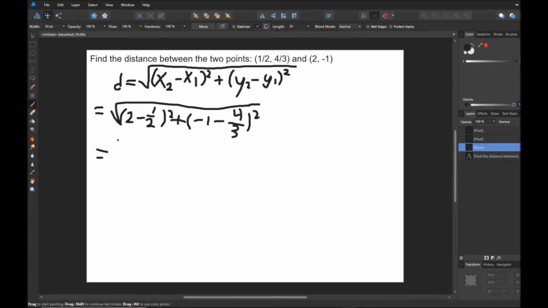So 2 minus 1/2 is 1.5, and if you need to see that, we can find the greatest common denominator, and that would be 4/2 minus 1/2. 4 minus 1 is 3, and the 2 would stay the same.